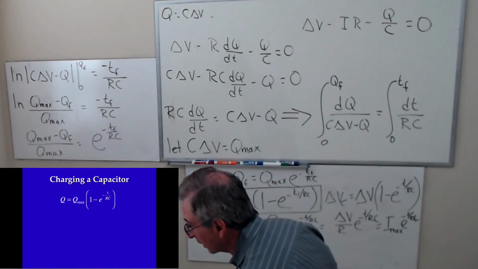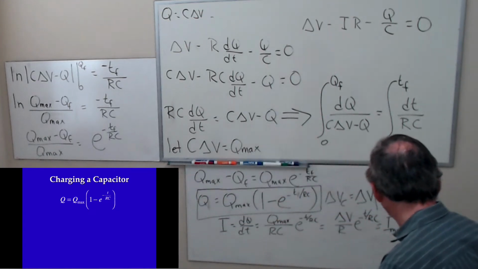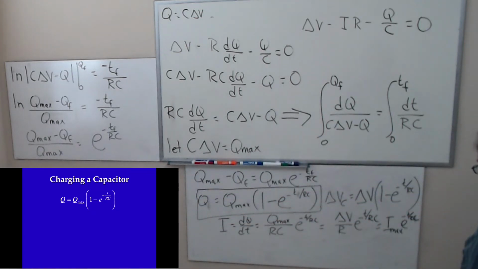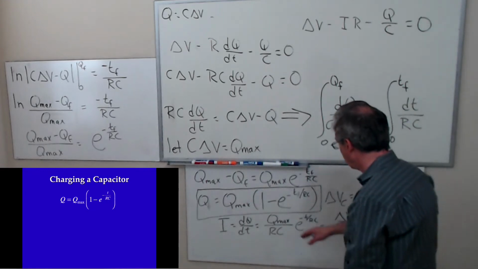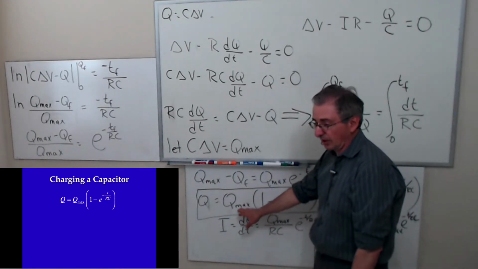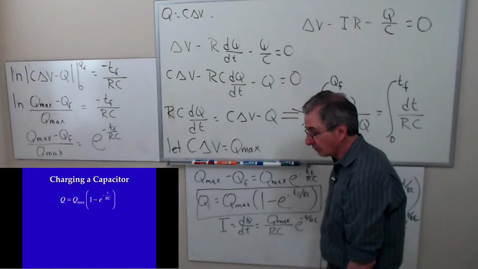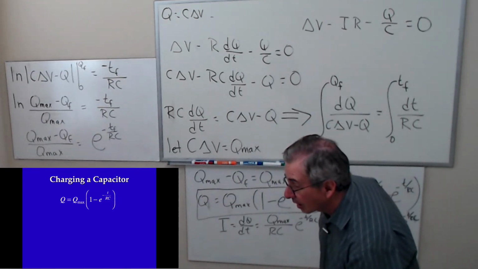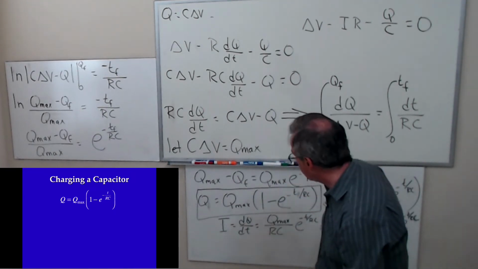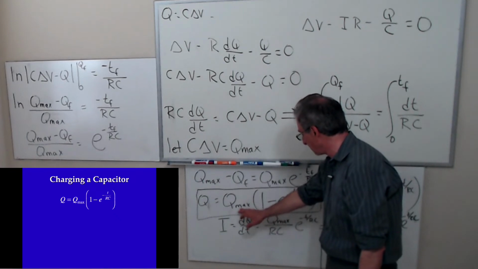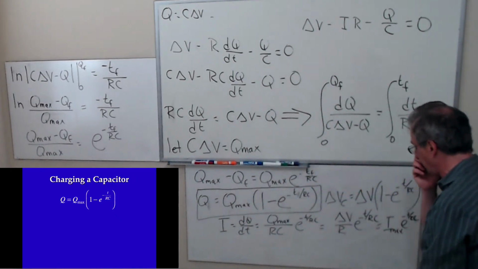You had a question about leaving the subscript? I'm leaving this subscript because I know that's Q max, if that's your question. Okay, yeah, I'm sorry, I missed the previous question, but that one's not arbitrary.